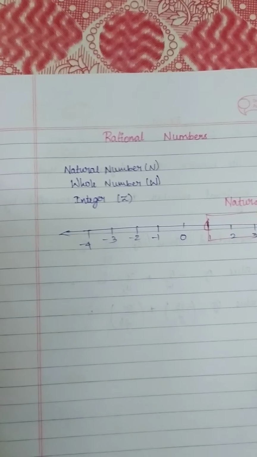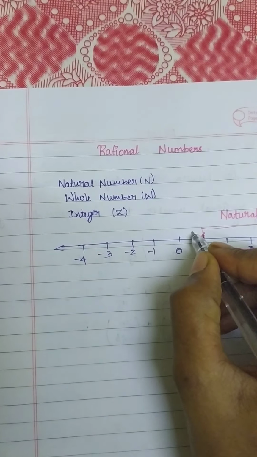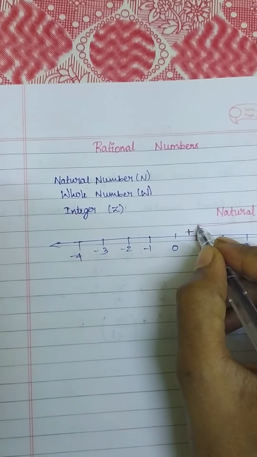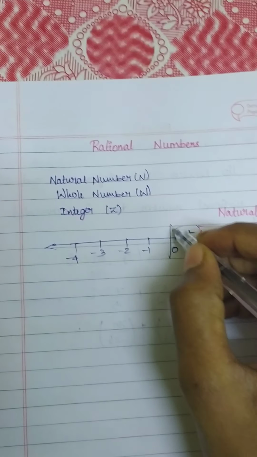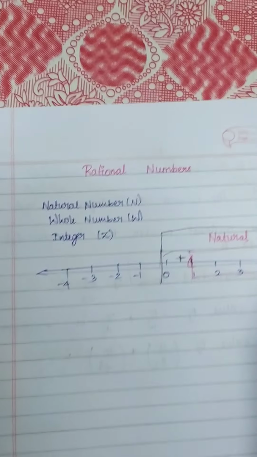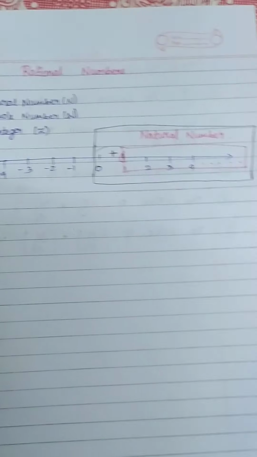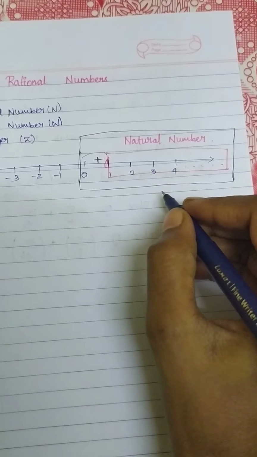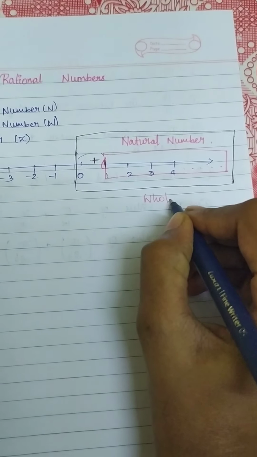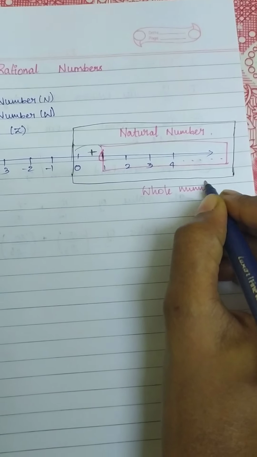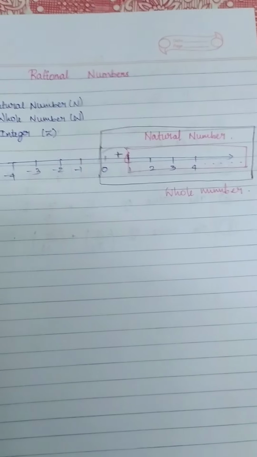If I am adding 0, what do I have? This is my whole number, right? We already know about this.